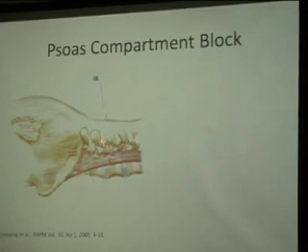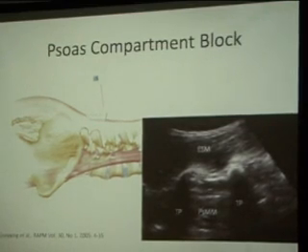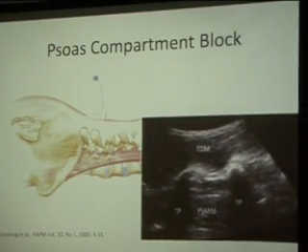If you were to put an ultrasound machine in that area of the lumbar region, the transducer is placed 2 to 3 centimeters lateral to the midline. You'll start seeing the transverse processes and the shadows behind the bony transverse processes.